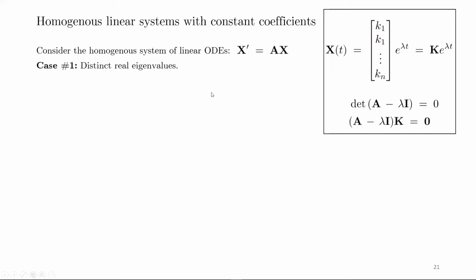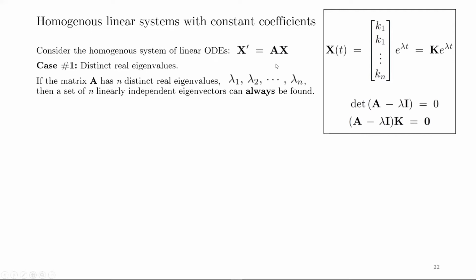The first case is that we are able to find distinct real eigenvalues. If the matrix A has n distinct real eigenvalues, lambda 1, lambda 2 through to lambda n, then a set of n linearly independent eigenvectors can always be found. Again, this is theory from first year linear algebra.